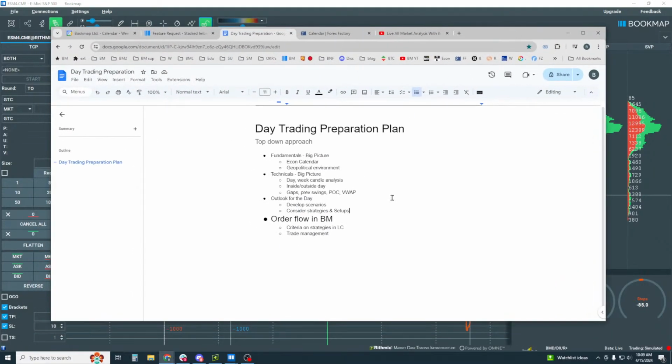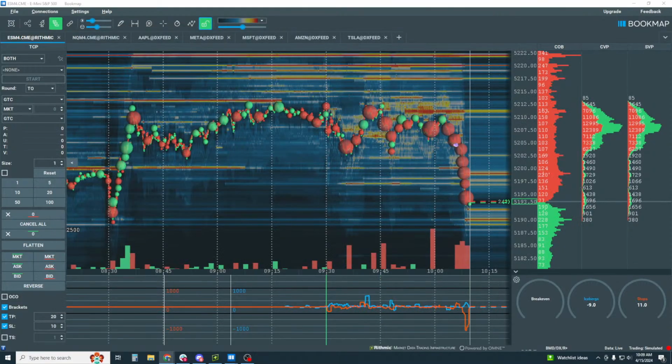All right. Anyway, the bigger picture approach and the fundamental events, the economic calendar, along with the geopolitical environment, to understand what traders are reacting to. So now we have some news this week.